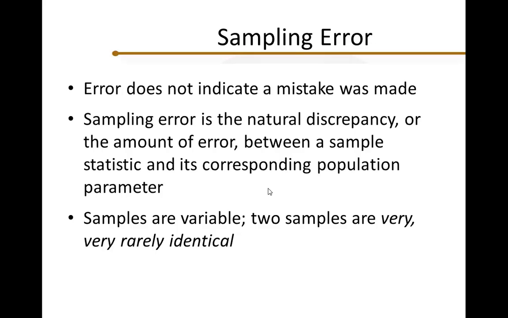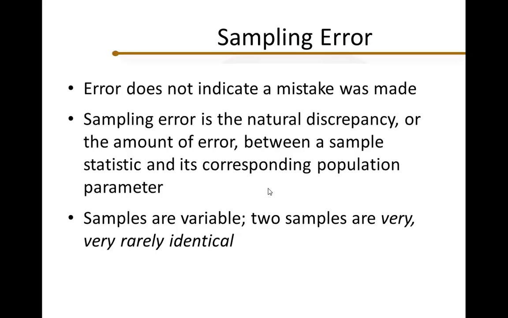So that's why we're interested in that. Many times we're not just looking at a single score, we're looking at samples. This concept of sampling error, it's key that you realize that the error does not mean that we made a mistake. That's not what the concept is. Sampling error is simply acknowledging that there's a natural discrepancy, or amount of error, between a sample statistic and its corresponding population parameter.